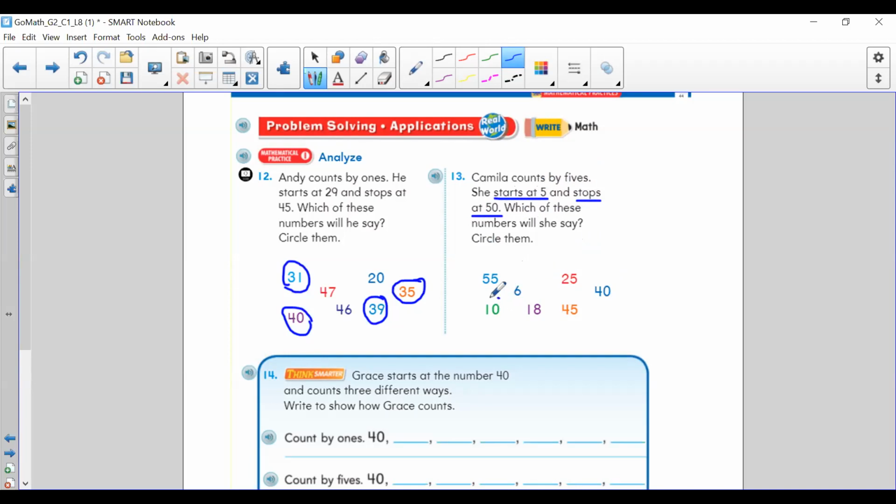Oh, there's a 10. 15, 20, 25, 30, 35, 40. Oh, there's 40. Oh, and there's 25. I missed that one. Okay, and after 40, 45, and then 50.